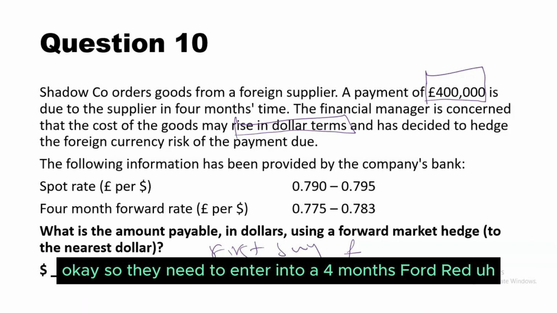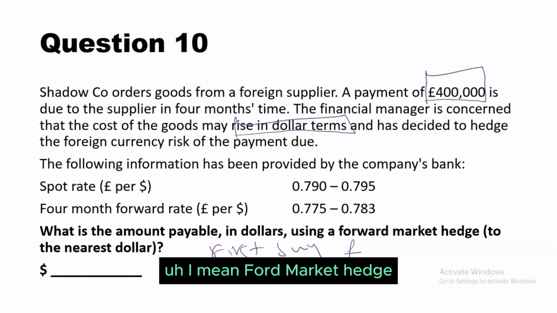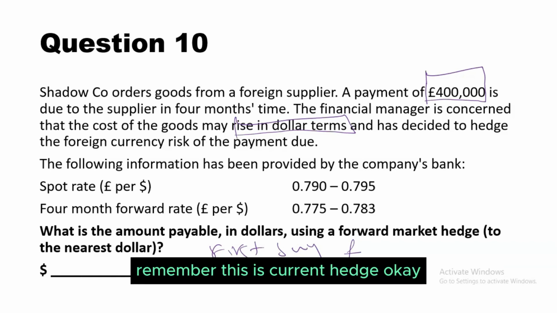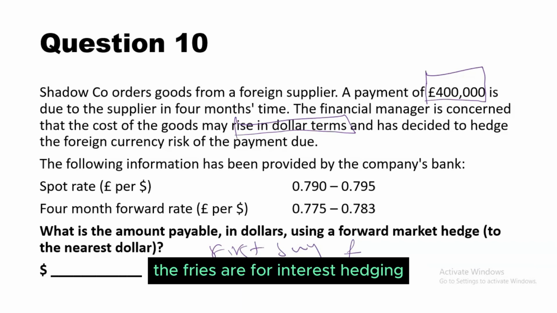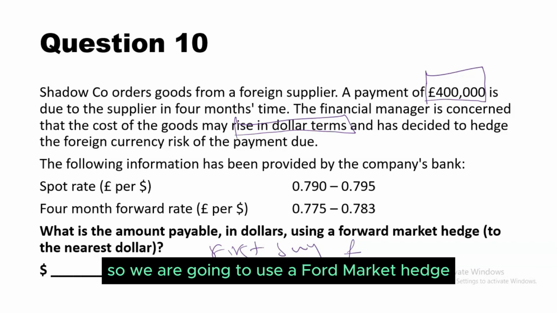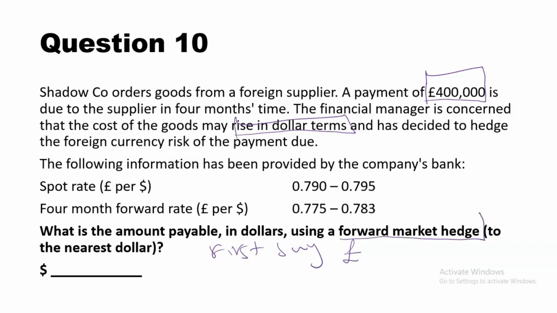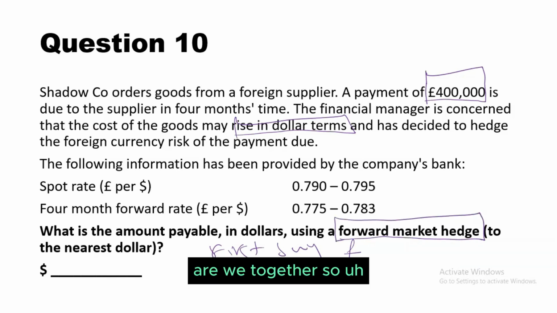Okay, so they need to enter into a 4 months forward market hedge. Remember, this is currency hedging. The FRAs are for interest hedging, but now this is a currency hedging, so we are going to use a forward market hedge. Are we together?